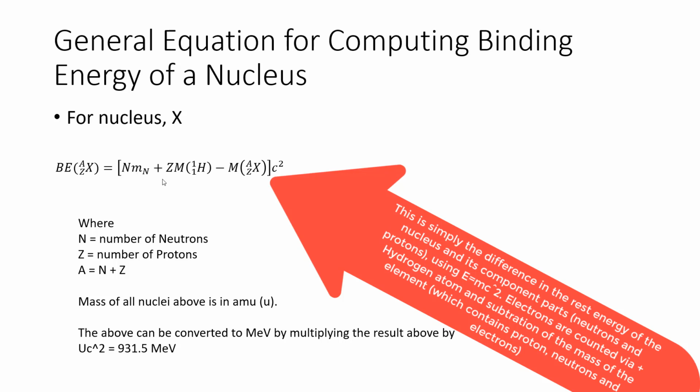We add to that the number of protons times the mass of a proton, which is just a hydrogen nucleus, not deuterium but the other isotope, which has just one proton. Then we subtract the mass of the nucleus of this atom of interest. We then multiply that by c squared, and that gives us the binding energy.